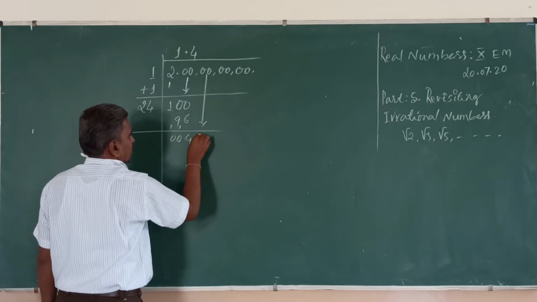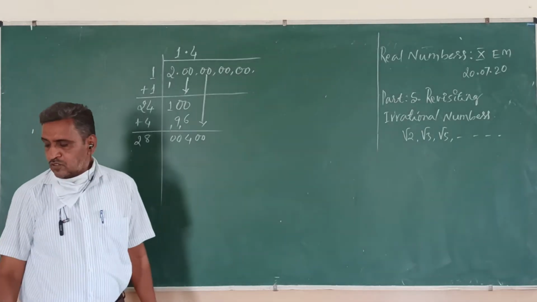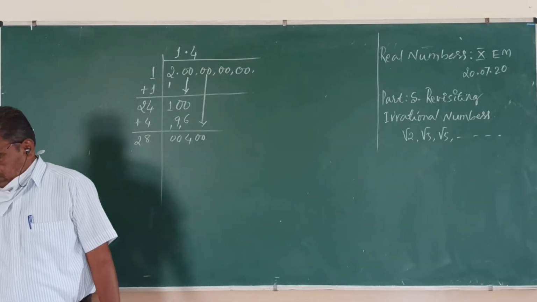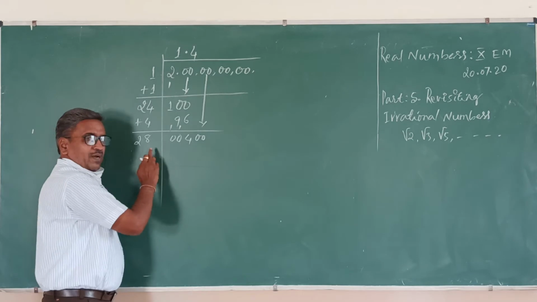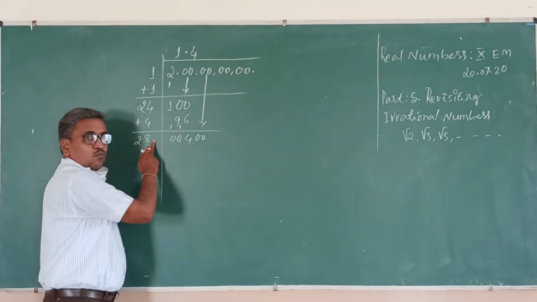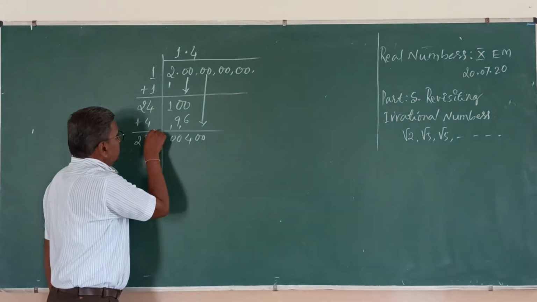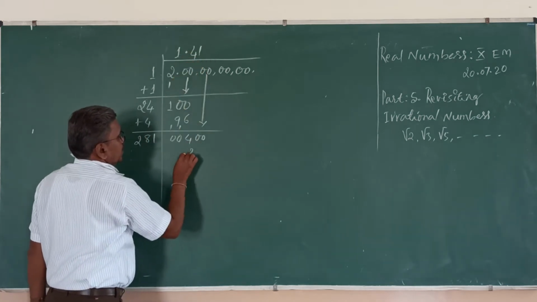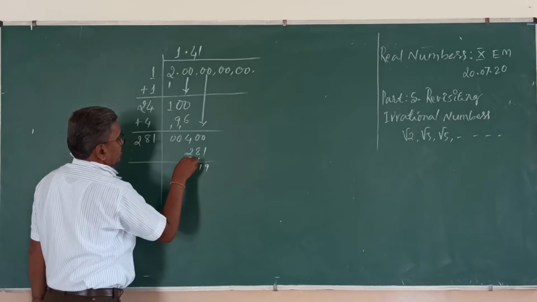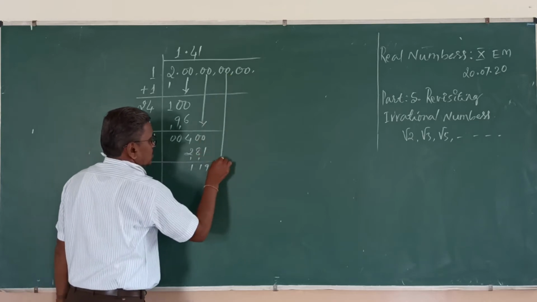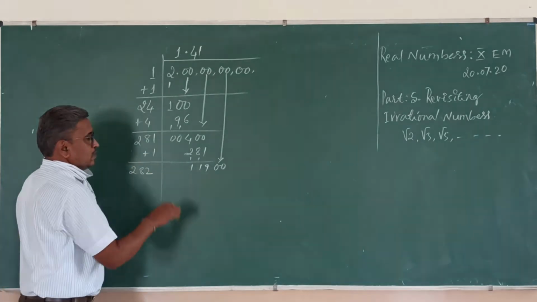Again these two zeros are brought down, and 282 is the number we take.